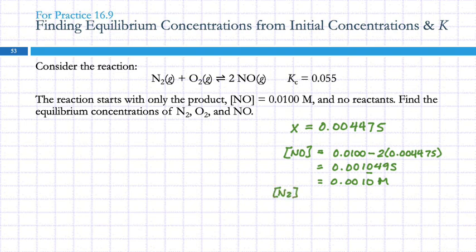So N2 was equal to O2, and each of those was equal to x. Right? So 0.004475. How should we round that? Well, I think 0.0048 would be reasonable.